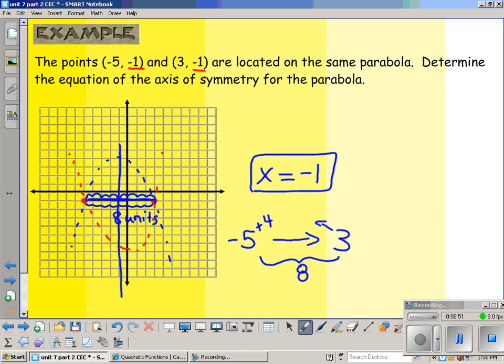If we were going backwards, we would be subtracting 4. -5 plus 4 is -1. 3 subtract 4 is -1. So we know that when x is -1, it is halfway between those 2 points. Therefore, that is where the axis of symmetry would be located.